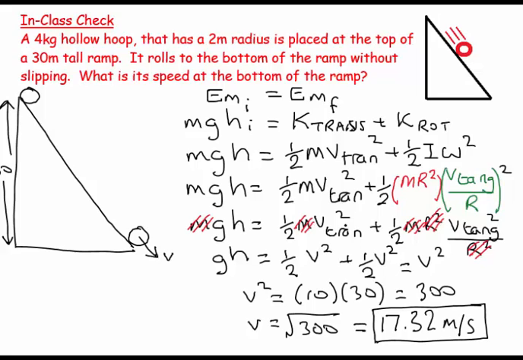Notice from an exam point of view, I need not give you the mass because it's not involved in the final answer. If you're not thinking in complete sentences, if you're trying to work out the gravitational potential energy and in your head saying, well, that's equal to these other bits, you get to the bit where you can't do it because there's no m. And then you say, well, let's try at least the translational kinetic energy, and you can't do that because there's no m.